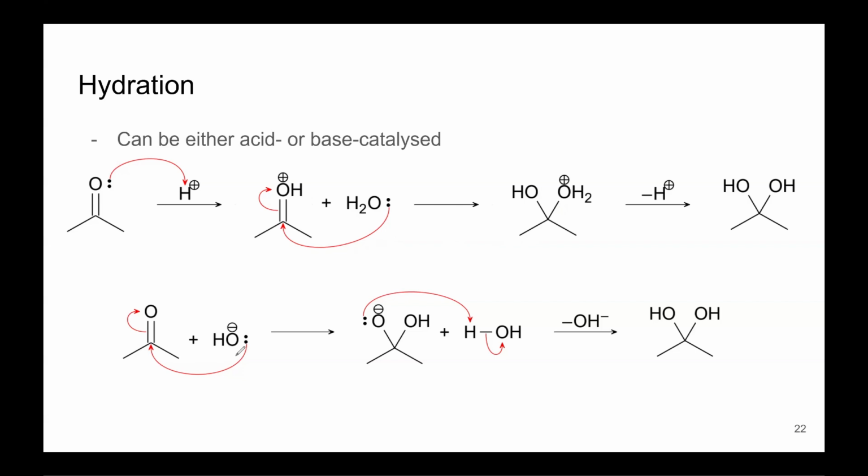Now, for the base catalysis, the OH minus is a much stronger nucleophile than water, so it can attack this carbonyl carbon directly, causing you to form this tetrahedral intermediate. Just like the acid catalysis, you can have this lone pair come down and kick out the hydroxide.